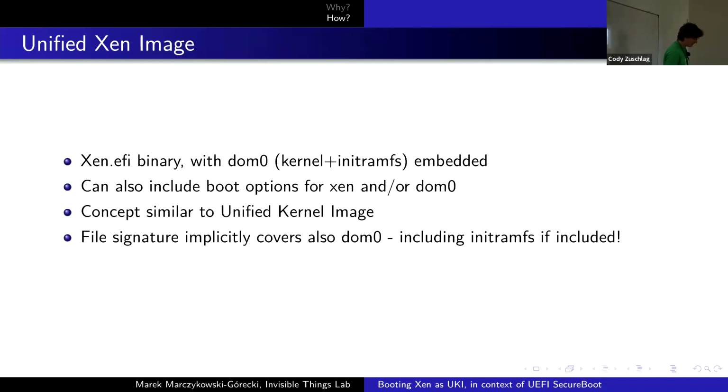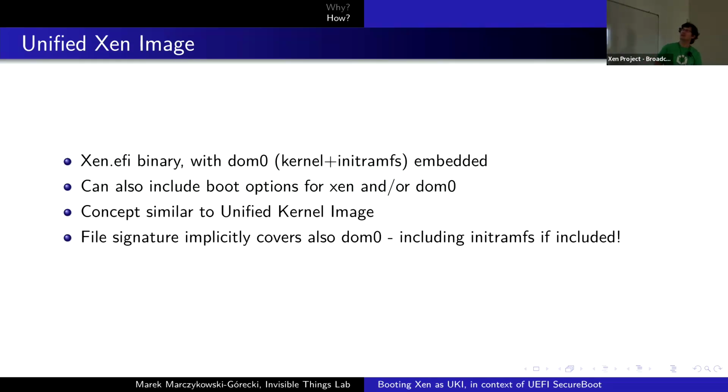So now to the main topic. The unified image. That's a xen.efi binary that has extra sections with the Dom0 kernel, maybe initramfs, maybe config options like the command line, all embedded in one binary. Yeah, we can also include options both for Xen and for Dom0.